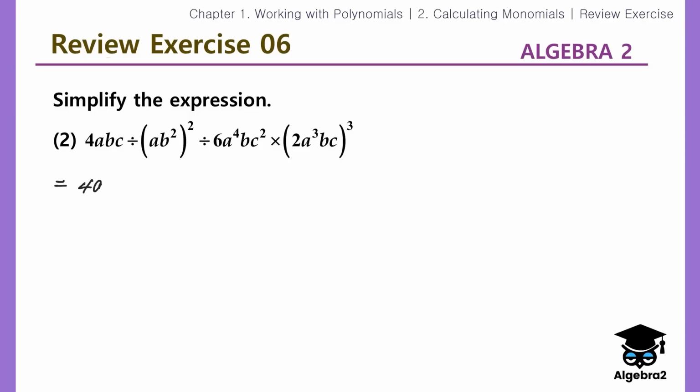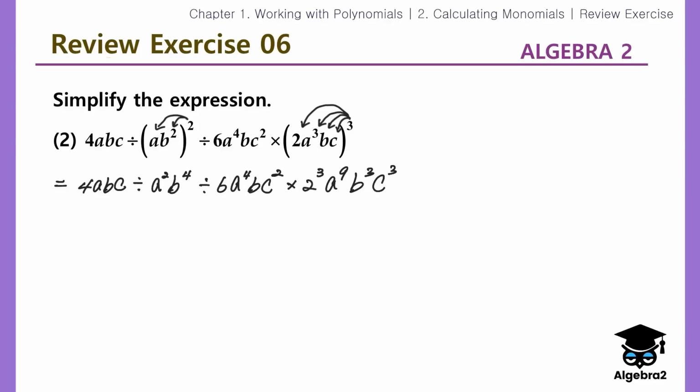So we have 4abc divided by a squared b to the 2 times 2, b to the 4, right? a squared b to the 4 divided by 6a to the 4 bc squared times 2 cubed. 3 times 3, that's a to the power of 9. b cubed, c cubed. b to the 3, c to the 3, right? So we're going to convert this division to multiplication.